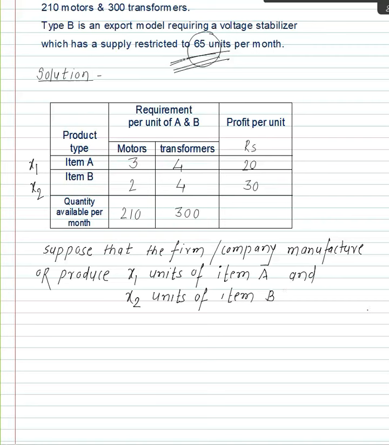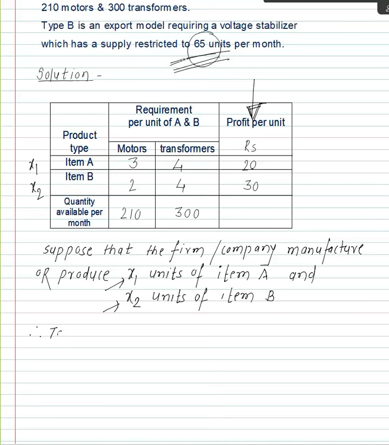Now in this problem, the objective of the firm is to maximize the profit of the firm. What is the total profit if we produce X1 units of A and X2 units of B?